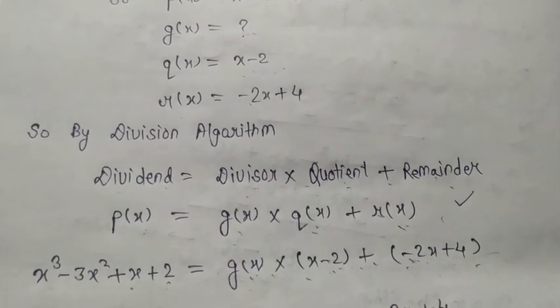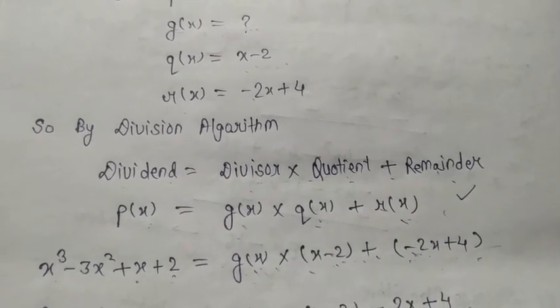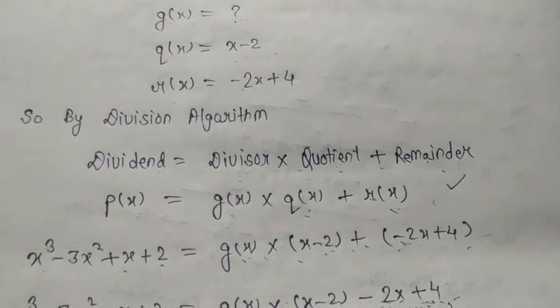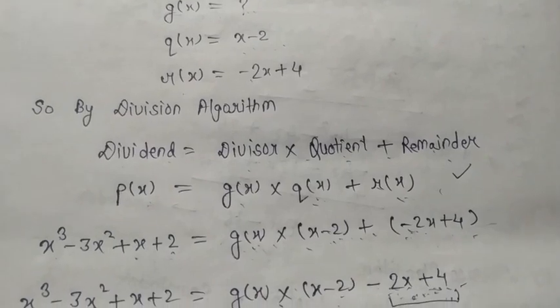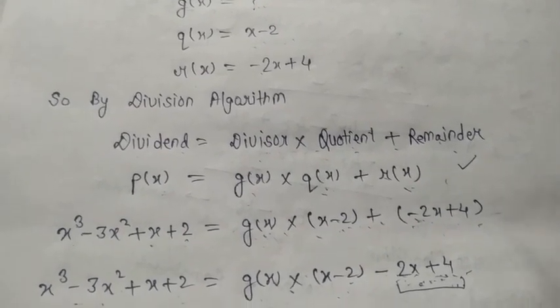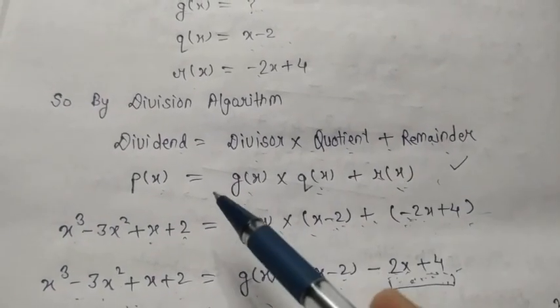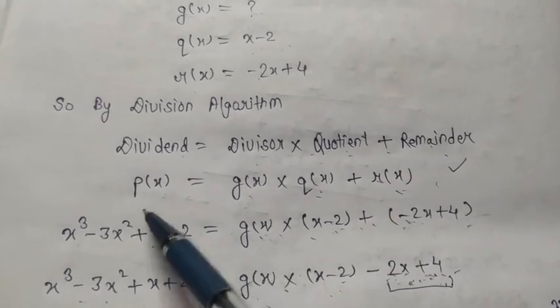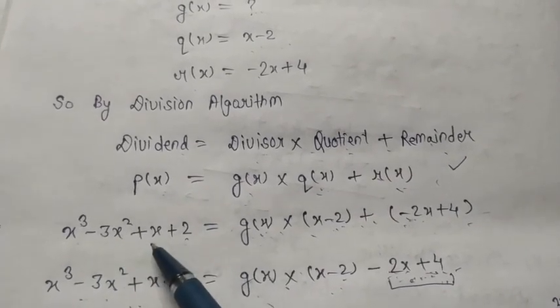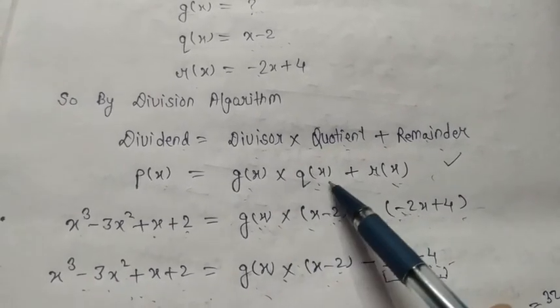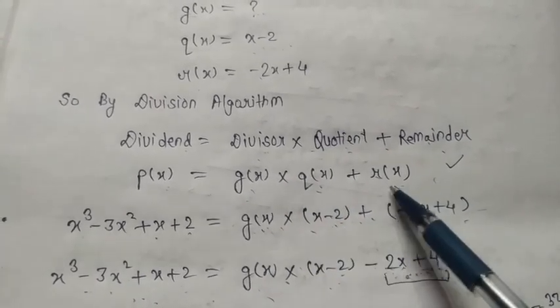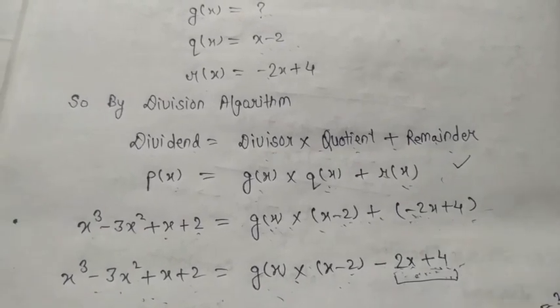Dividend is p(x), divisor is g(x), quotient is q(x), and remainder is r(x). So just put the values of all the given things in the algorithm. So p(x) value is x cube minus 3x square plus x plus 2, g(x) is unknown, this we have to calculate, q(x) is x minus 2, and r(x) is minus 2x plus 4.